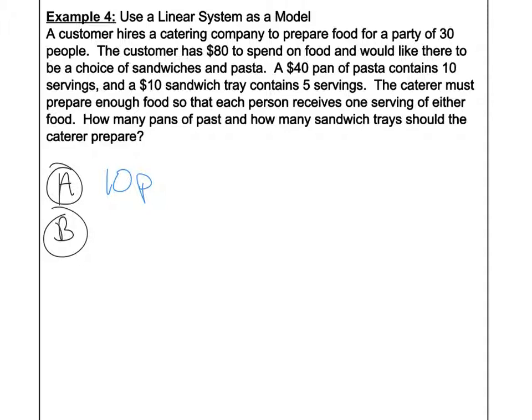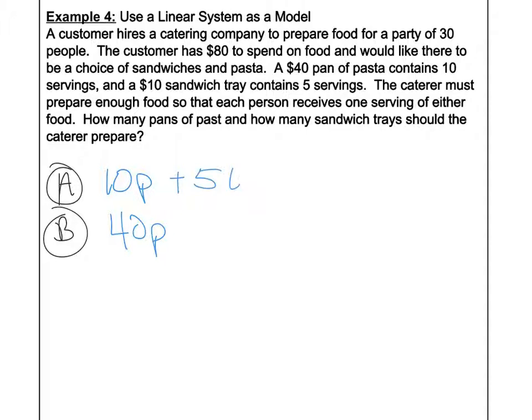And then the B equation is going to deal solely with money. You can think of it as one dealing with the actual food, A, and the other dealing with the cost. In the B equation, I'm going to do one thing at a time. The cost of pasta was $40 a pan. Now, back to the A equation, the servings. The sandwich tray is 5 servings per tray.